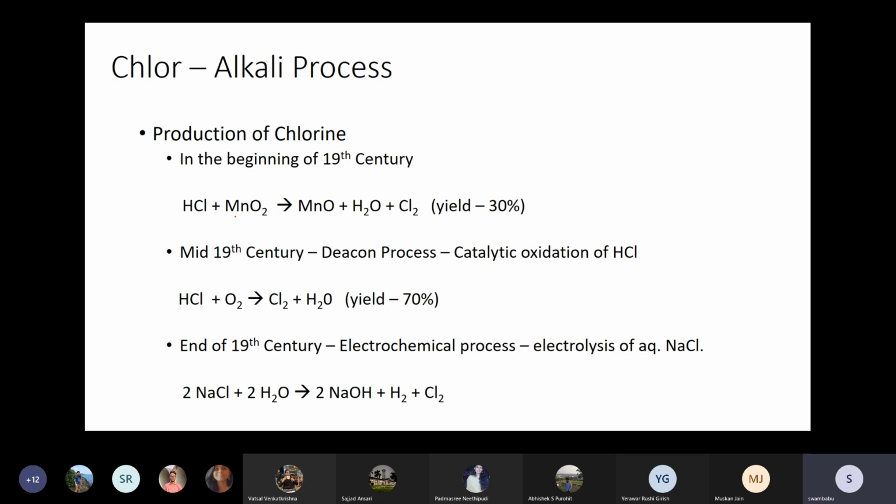Now the last important chemical that we can generate from the solution is the chloralkali process. So it's already 9:56. I think I should not start this process. I will talk about this in the next class, next Monday.